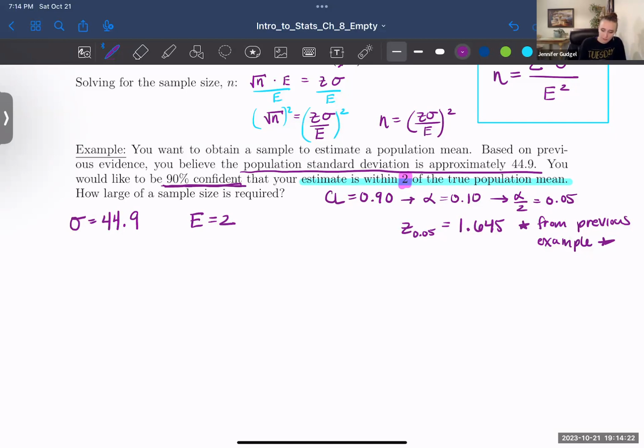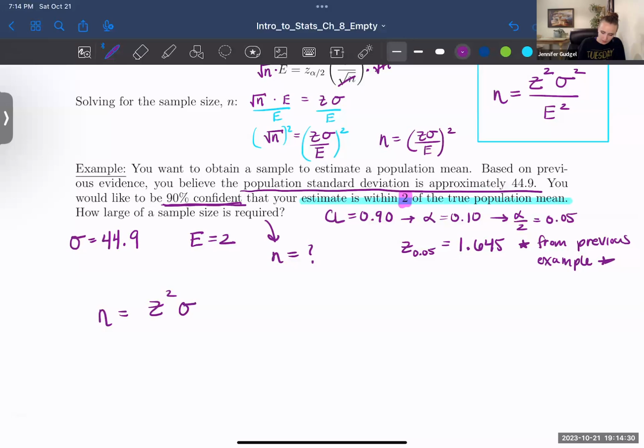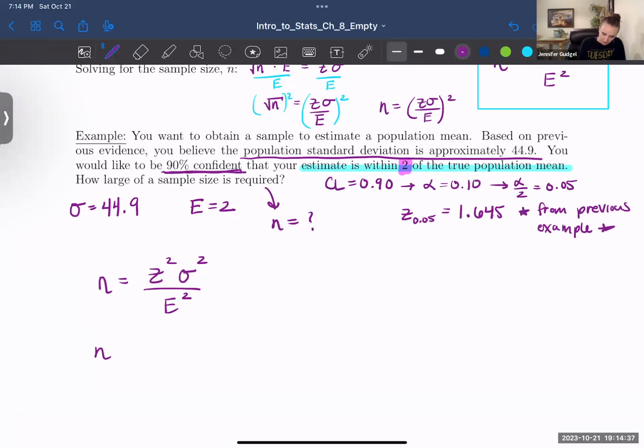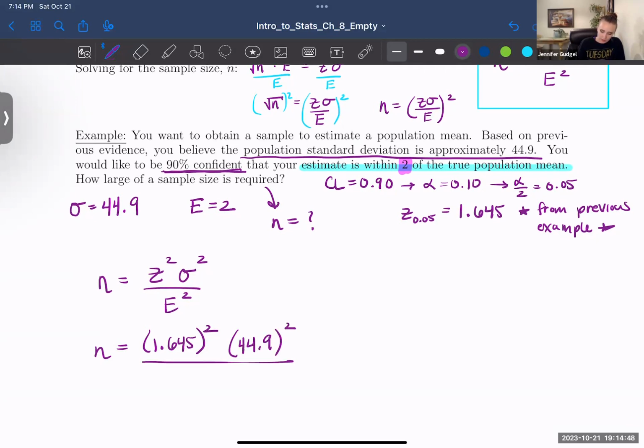How large of a sample is required? What is n going to be? Well, n is equal to z squared times sigma squared over the error bound squared. That's 1.645 squared times 44.9 squared divided by 2 squared.